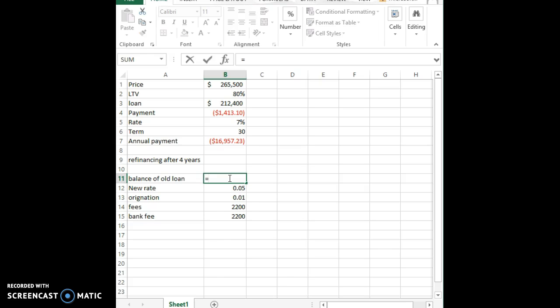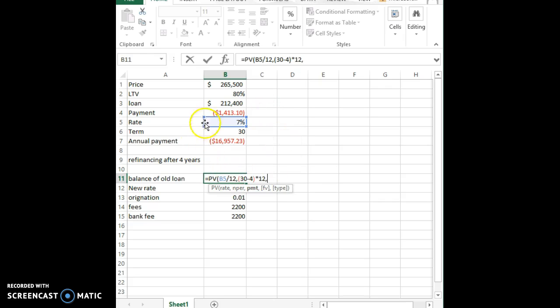Now what I want to do is calculate the balance of the old loan. And to do this, you do the FV function. For the rate, you're going to take the old rate, which was 7%, and divide that by 12, comma. We're trying to find the balance of the rest of the loan, so we take 30 years, and they want to refinance after 4 years, so we subtract 4 times 12, comma.